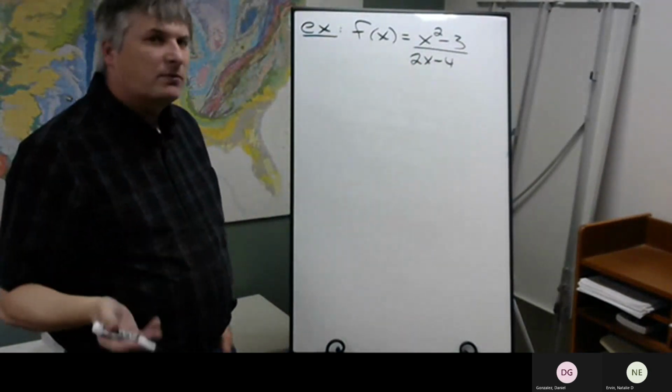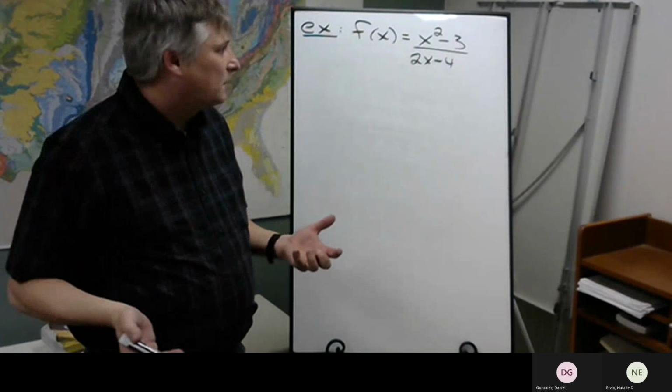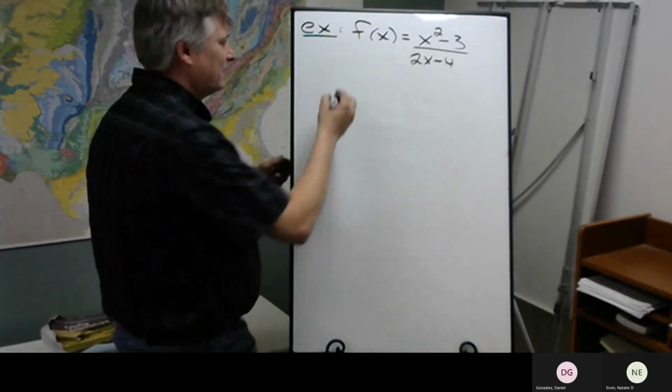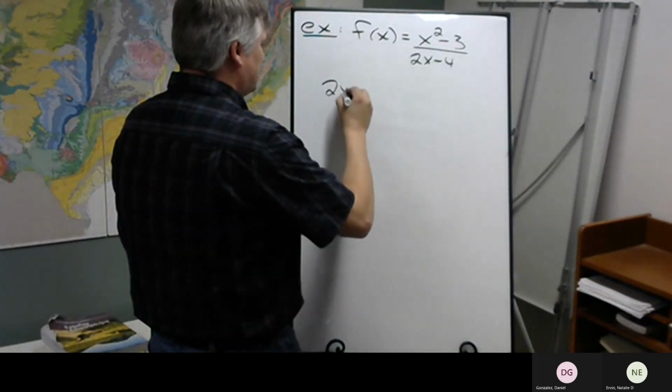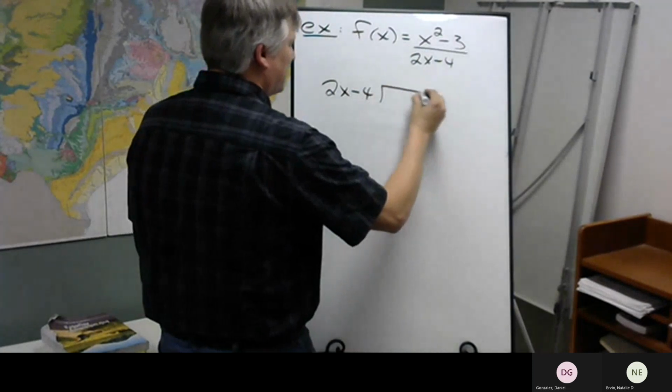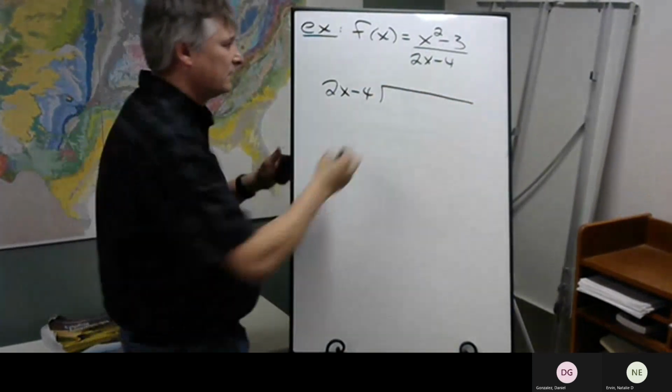So I skipped over this last time, but we've got time to do it. So I'll go through the division here. So you have 2x minus 4. We're going to divide this using long division.